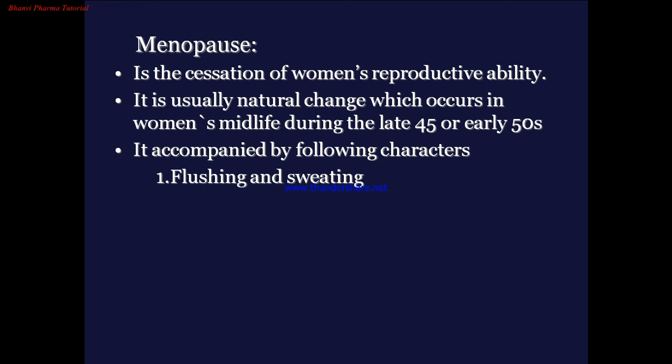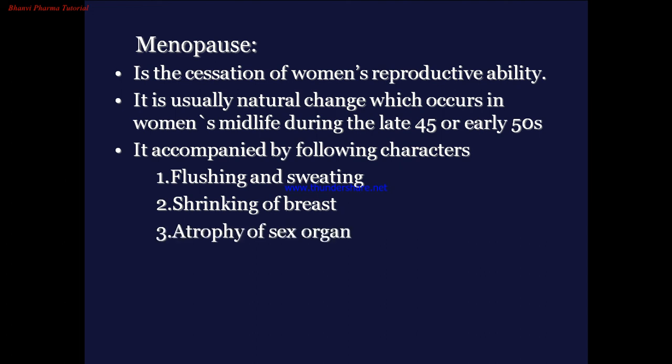and it is characterized by flushing and sweating. Shrinkage of the breast takes place in this period. Next, atrophy of the sex organs.